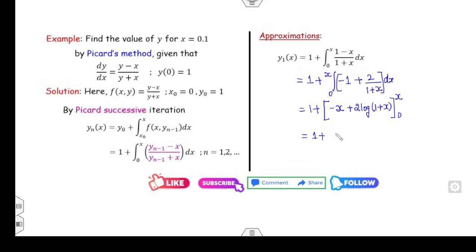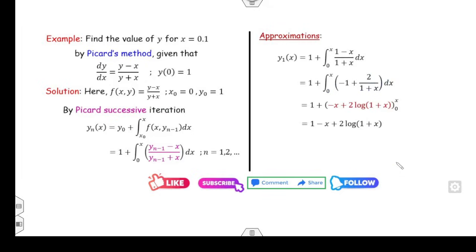Then you can substitute the upper limit. That number will be minus x plus twice log of 1 plus x. And if you substitute the lower limit 0, log 1 is 0. So your answer is 1 minus x plus twice log of 1 plus x. That is the result of y1.